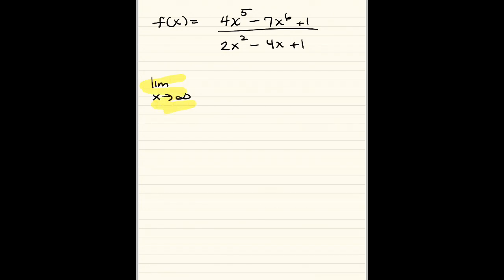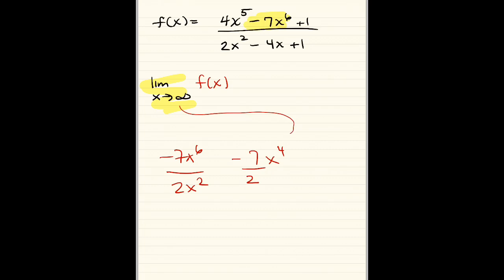Let's try one more. So the limit as x approaches infinity, let's grab the highest on top. Oh, look, I almost fell for it. It's right there, okay? So that's going to be -7x to the 6th. What's the highest on the bottom? Positive 2x squared. When you reduce it, you're left with -7 over 2x to the 4th. What happens when you put a really large number here? It becomes larger, right?